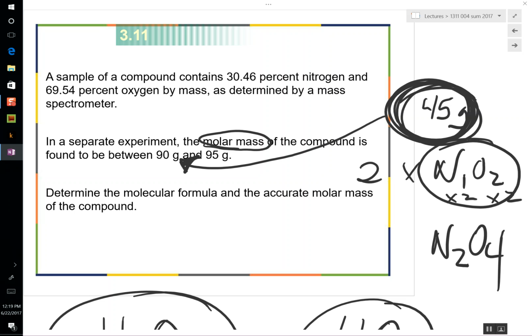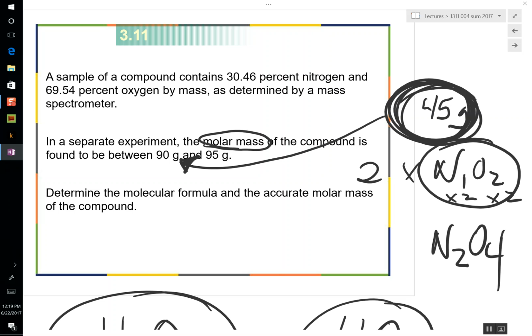Okay? If you're not given a molar mass, you can't determine what the molecular formula would be. And you have to compare your empirical formula mass to your molecular mass to get there.